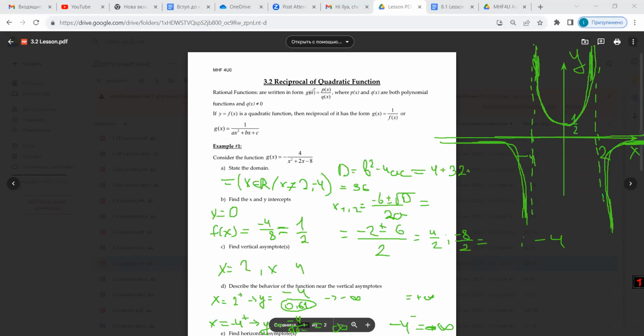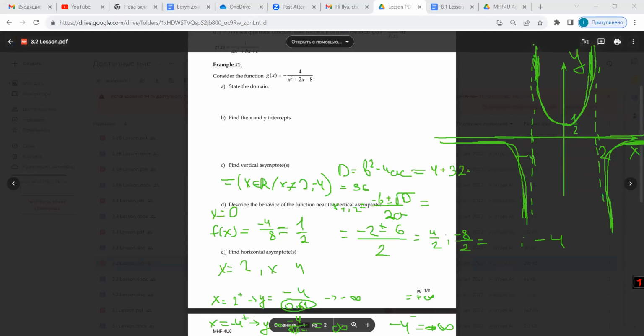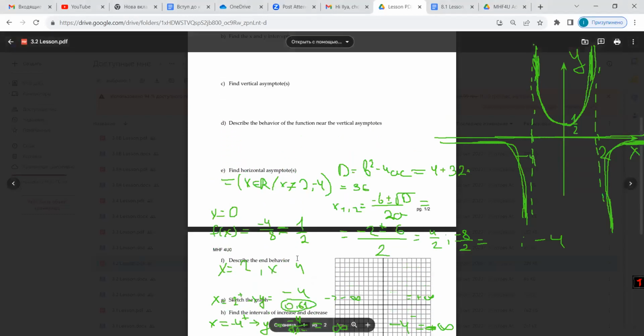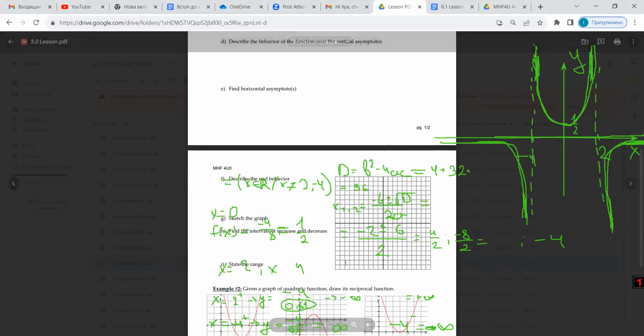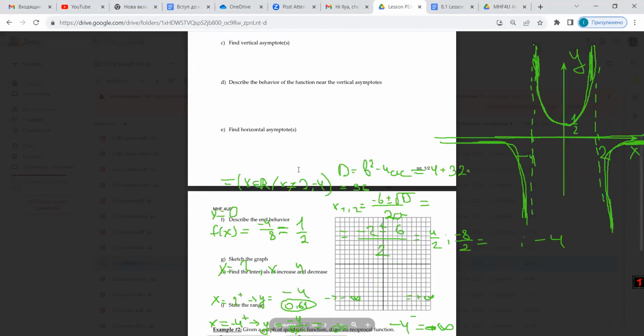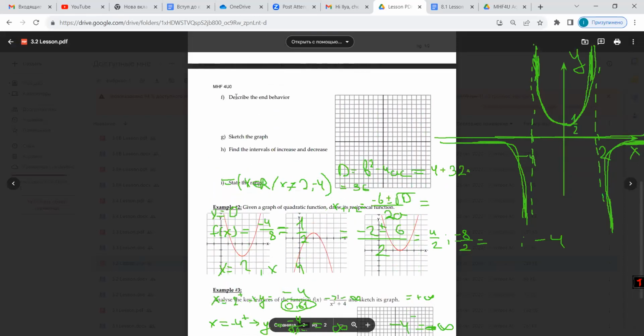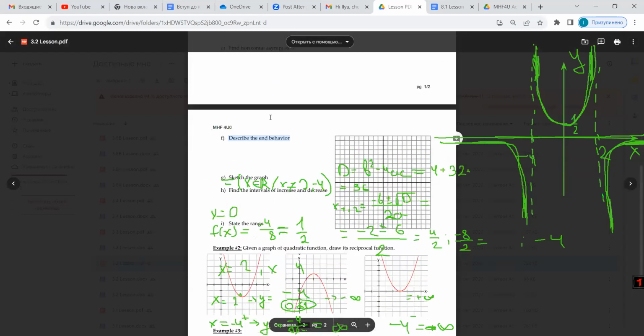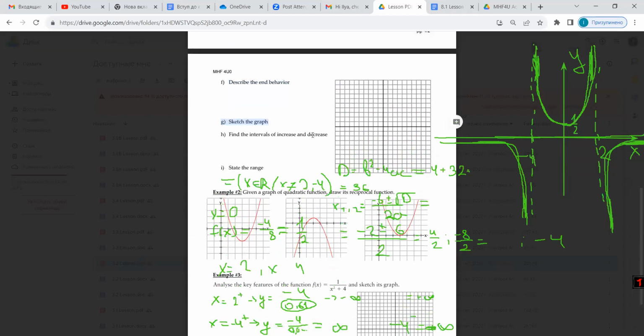If you don't have any questions, I'll scroll down a little bit. So we found the horizontal asymptote. You see here, the next step would be for you to describe the end behavior. We did it by looking at positive and negative infinity. We sketched the graph.